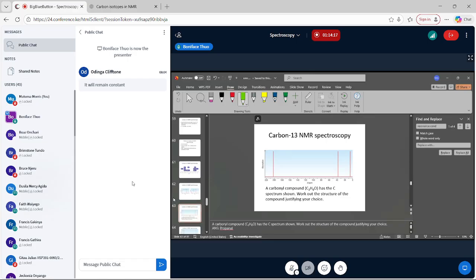So we already know that we have a CO group, okay, which we can assign to that peak. So we are left with 2 carbons and 6 hydrogens.